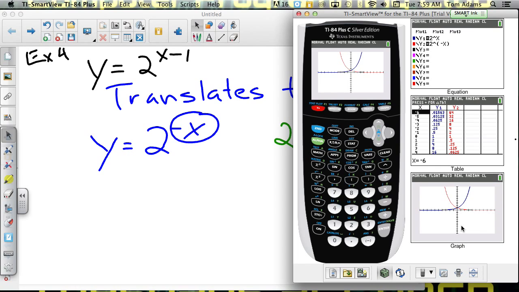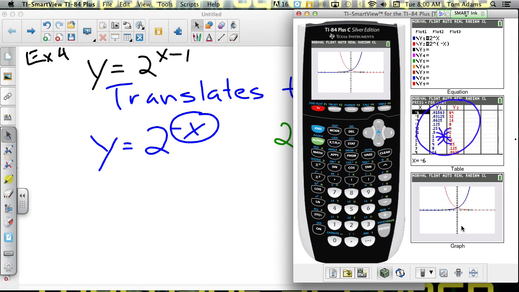And you can tell by also looking at the grid here. If you look at the table of values, notice that the values for the y's are flipped. You have a 2 here, you have a 2 here. 2, 2, 1, 1, 1 half, so on and so forth.